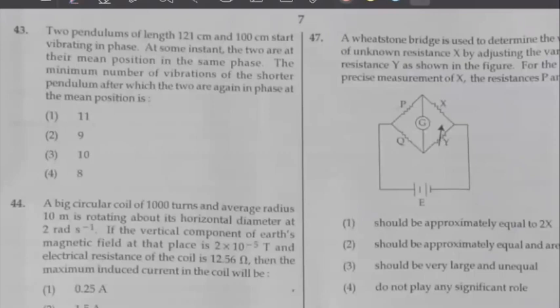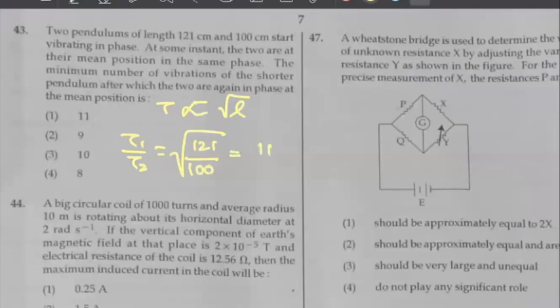So we know that the time period T is 2 pi root of L by G, or I can just say here proportional to root of L. So T1 by T2 is going to be root of L1 by L2. So 121 by 100, both are in centi. So root of 121 is 11.